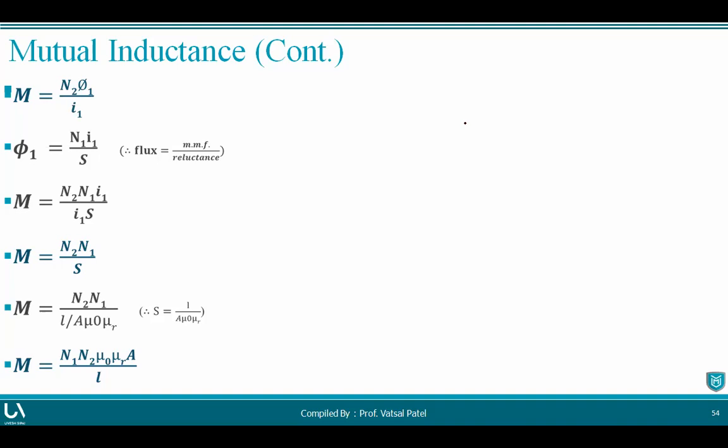Now phi1, as per your previous discussion in self-inductance, is equal to mmf divided by reluctance. So phi1 is N1 I1 by S. Reluctance will be the common component because we have only one core, and there you have a two-coil circuit, so the reluctance is put here as the S component.